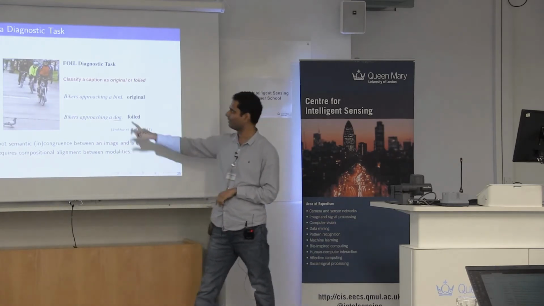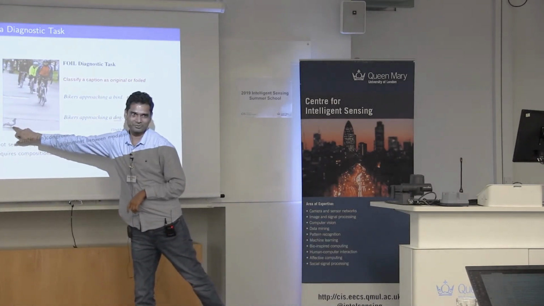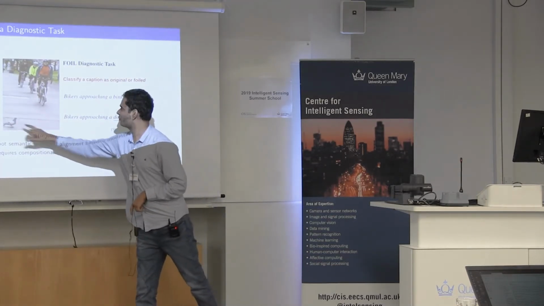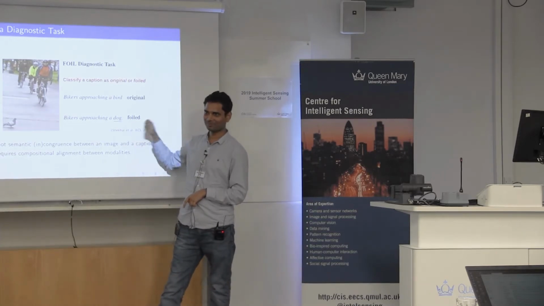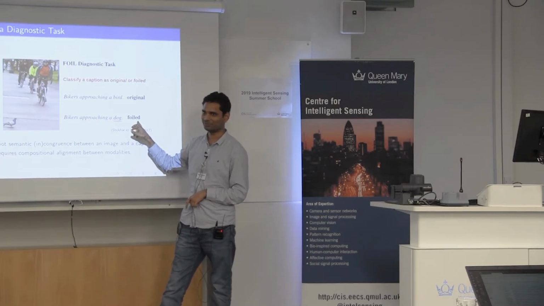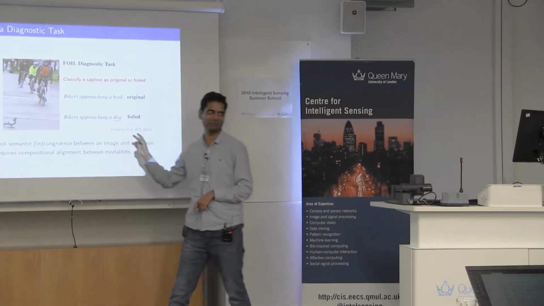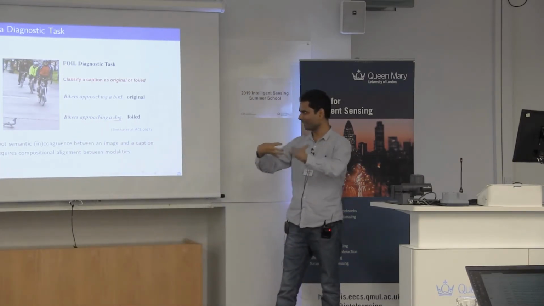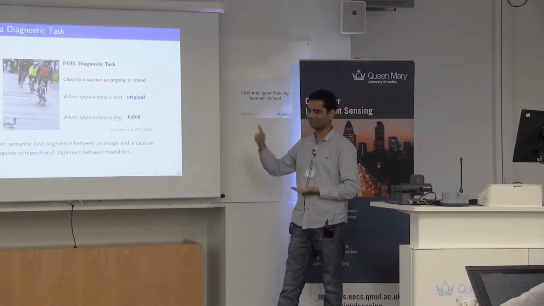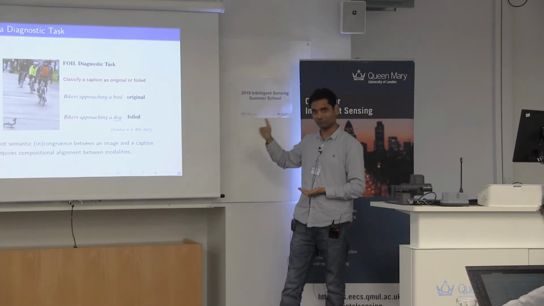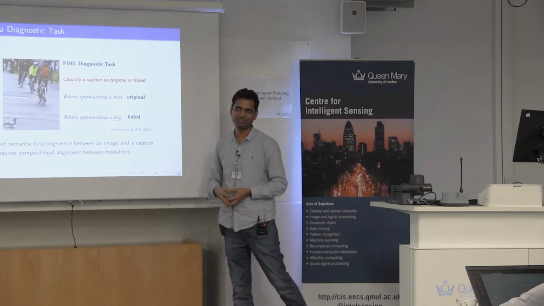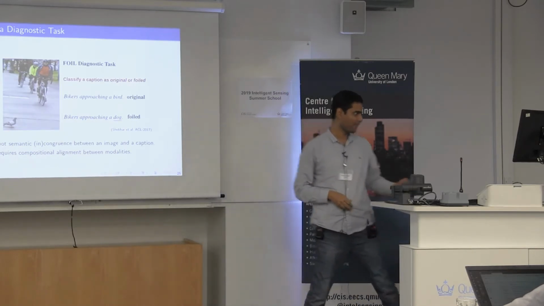Since here it's a bird, this is correct. But here it's only a one-word difference: bird has been changed to dog, so this becomes the wrong caption. So the system has to decide. Basically, you have to semantically align the image and the caption, and only then can you do this task. You also need some sort of compositionality to do this task.